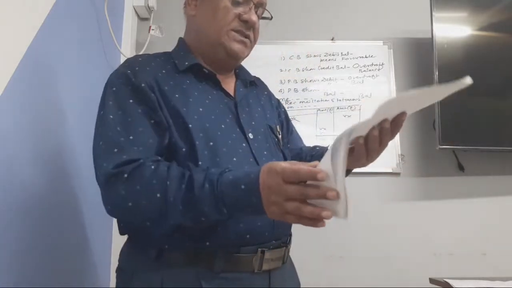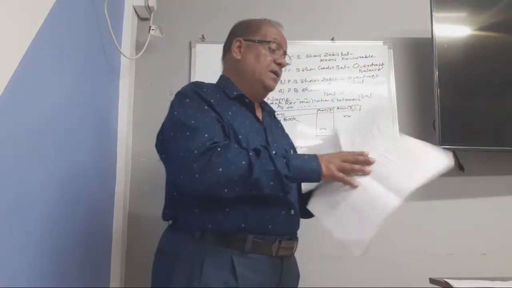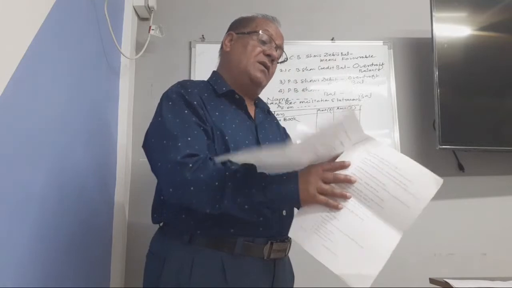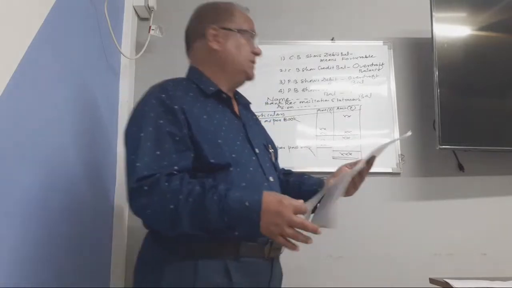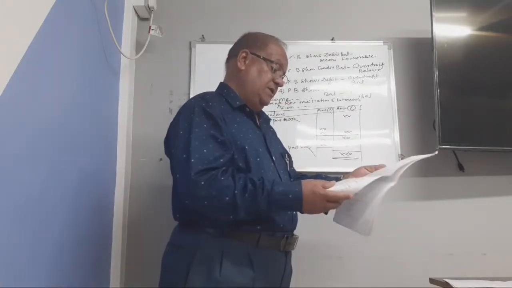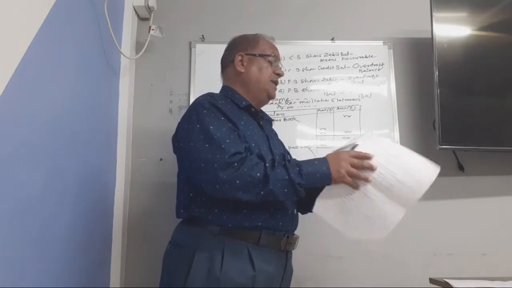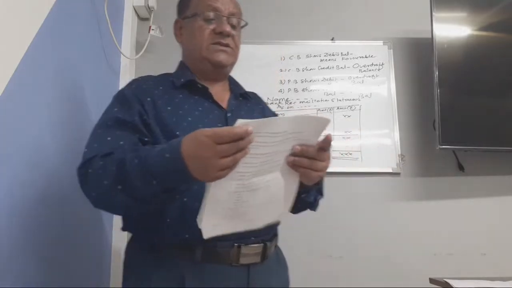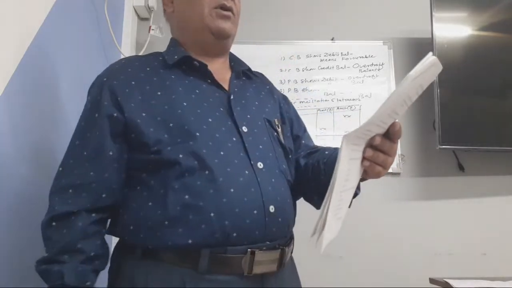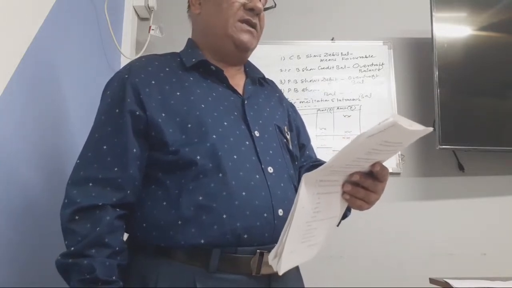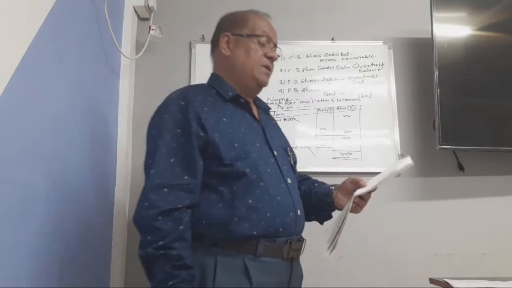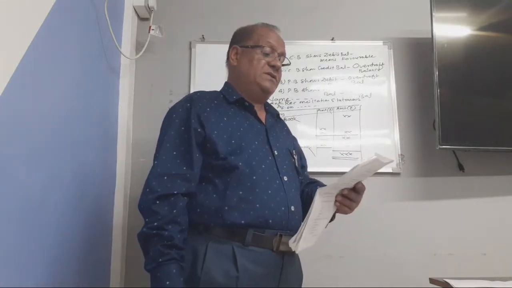Here is one problem that was asked in the SY examination 2017, and they can ask it for B questions. Just see here: from the following information, prepare a bank reconciliation statement of Mahesh as on 31st January 2016.